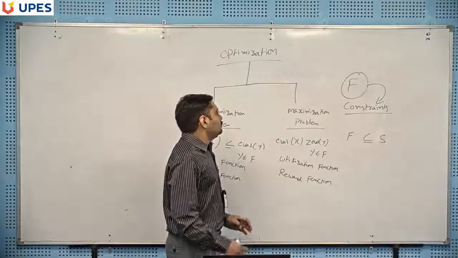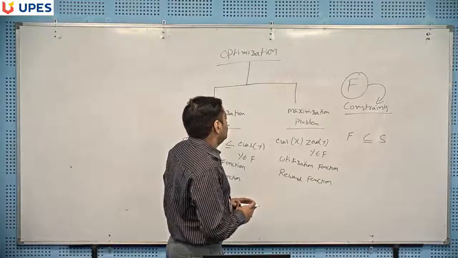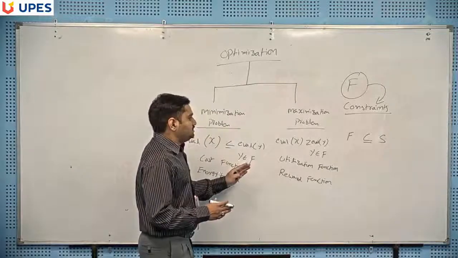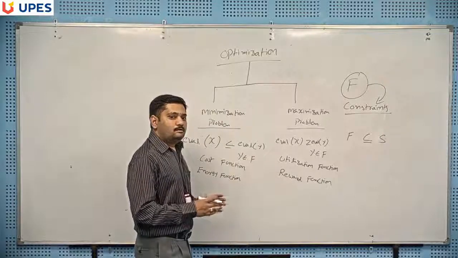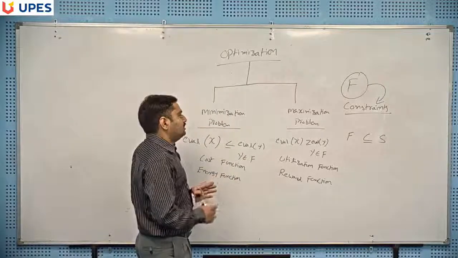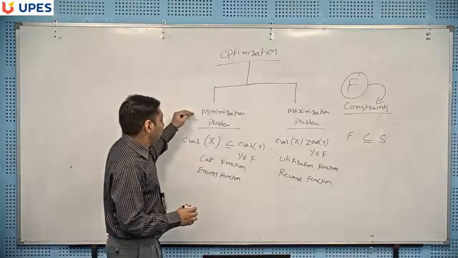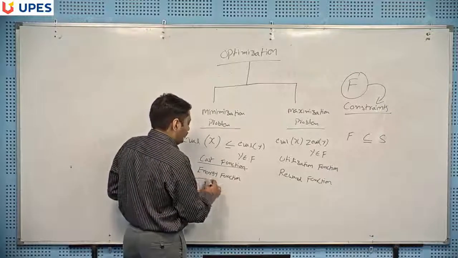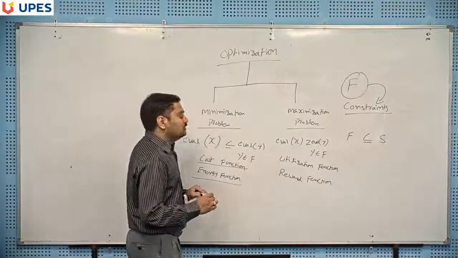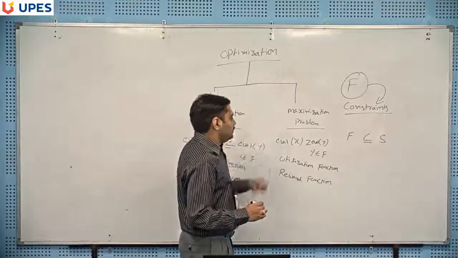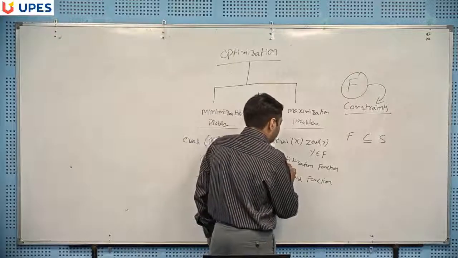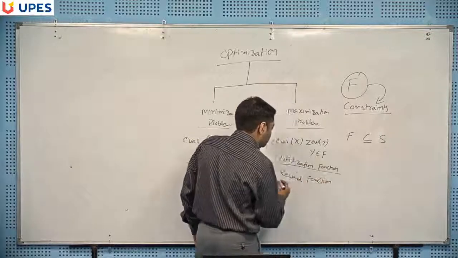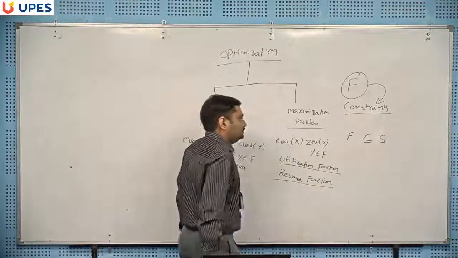So the objective function depends upon the problem which we are dealing with. If we are dealing with a minimization problem, our objective function can be the cost function or energy function, or if we are dealing with a maximization problem, the objective function will be the utilization function or reward function.